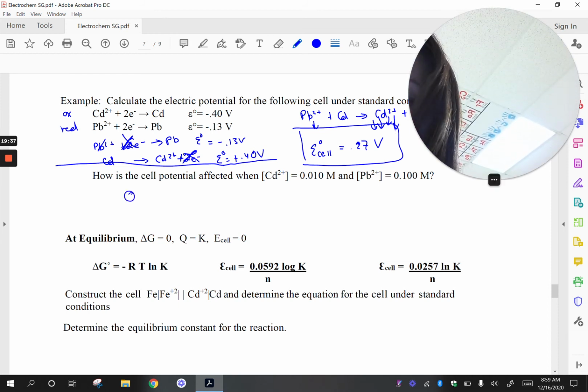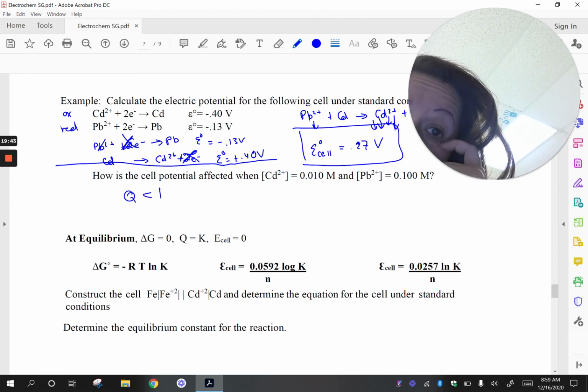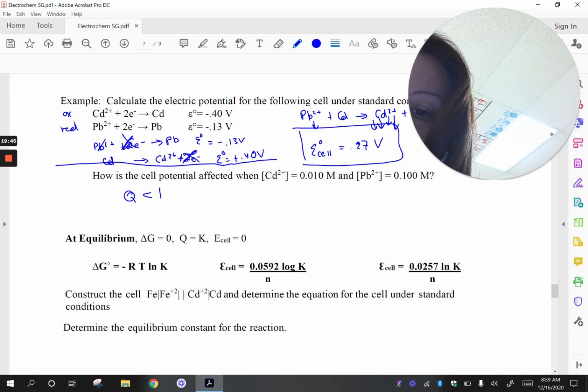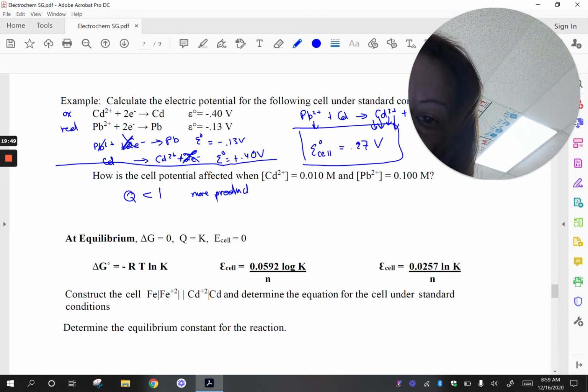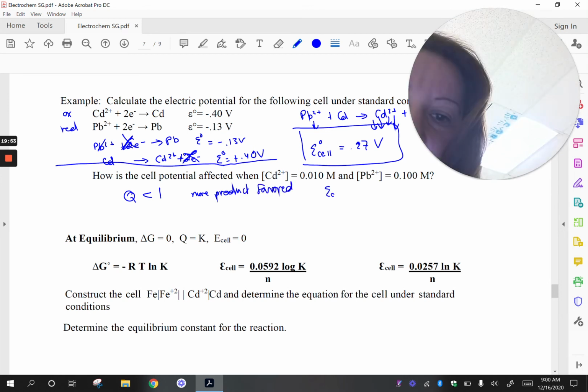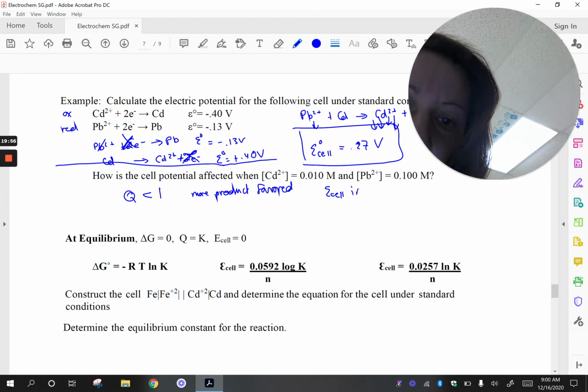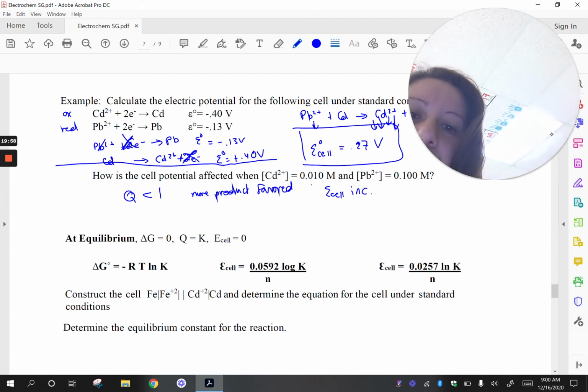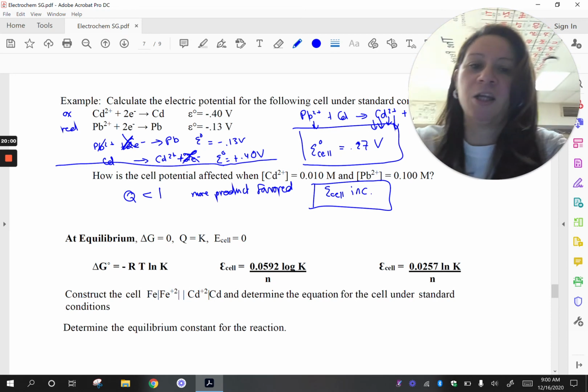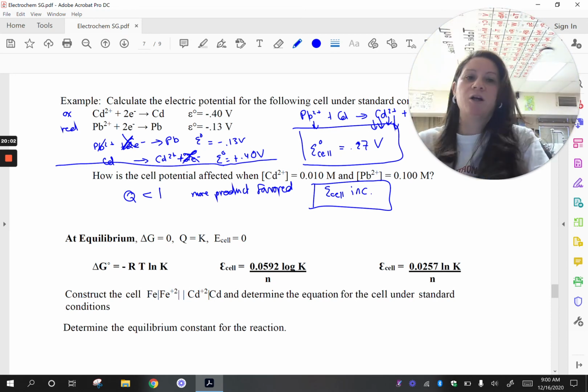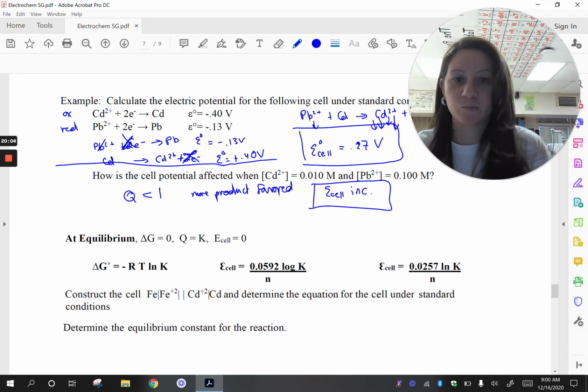So your Q would be less than 1, and it's going to be more product favored. Your cell potential would increase. And of course, your Gibbs free energy would become a larger negative value. It's going to become more spontaneous.